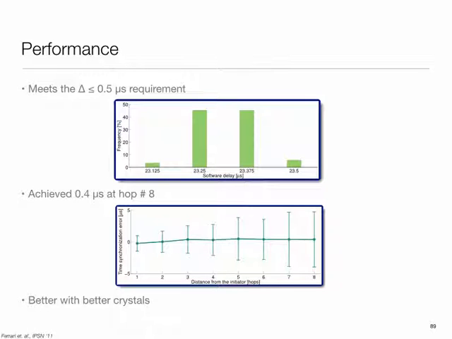Performance-wise, they win out significantly. The main thing is, if they are synchronized to around half a microsecond, then they are able to get very good performance. In their particular case, they showed that they were able to achieve 0.4 microsecond in an 8-hop network, which is very impressive.